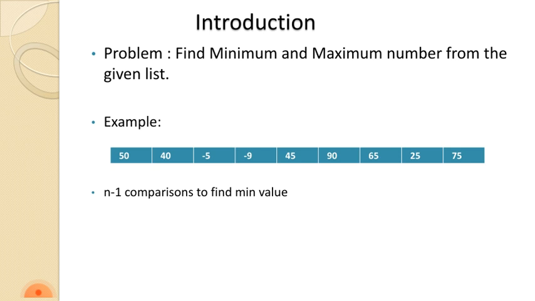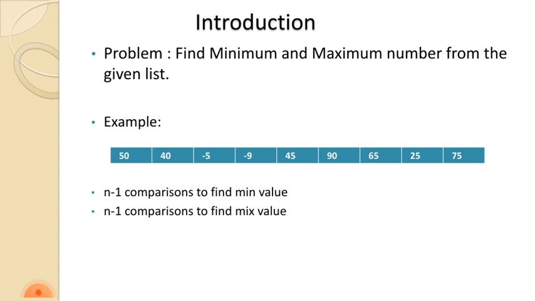So a total of n minus 1 comparisons is required to find the minimum number of a list. In the same way, to find the maximum number in the list, it again requires n minus 1 comparisons, because we assume the first element is the maximum value, and then we compare from the second element to the last element. So n minus 1 comparisons are required to find the maximum value in the list.